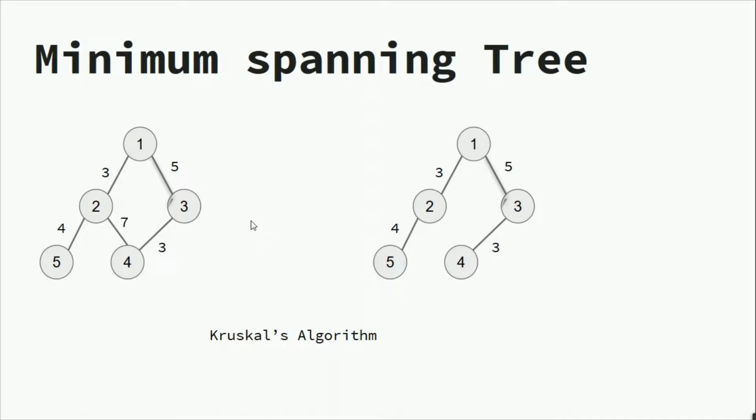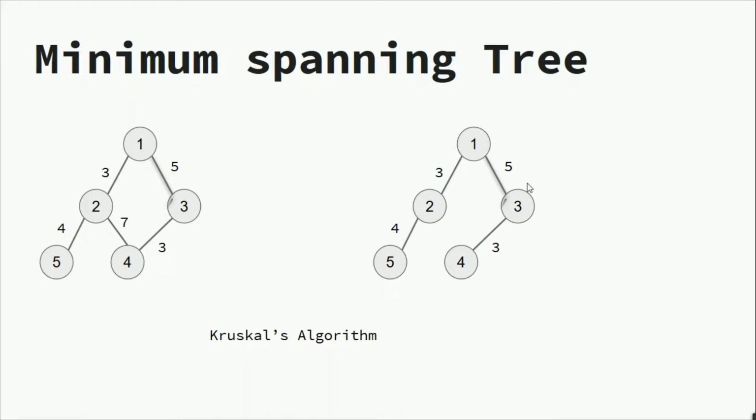There may be many ways to form a tree. For example, we have removed this edge to form a tree. We could have also removed this edge to form a tree, but if we were to remove this edge, then the total sum would not have been minimum. Here we can see that after removing 7, the total edge sum is going to be minimum.